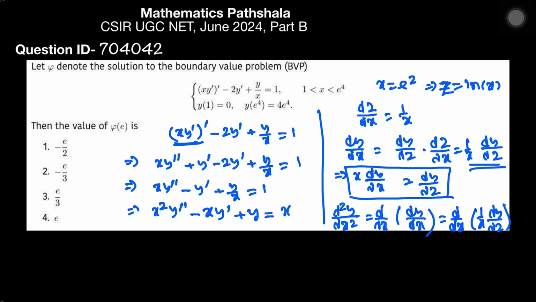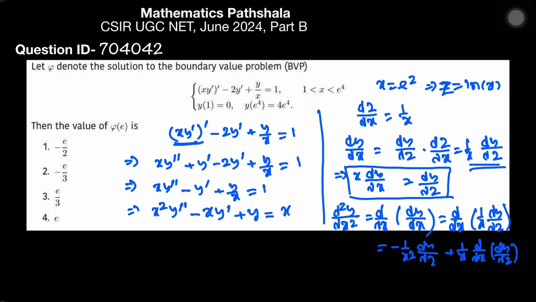Okay, so from this we will get minus 1/x² dy/dz plus 1/x into d/dx of dy/dz.